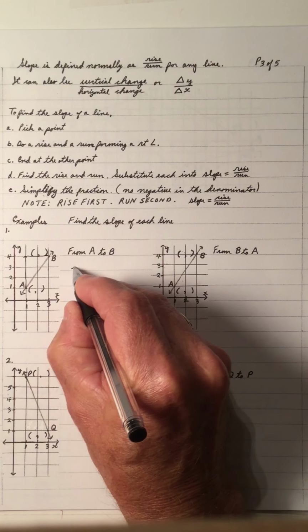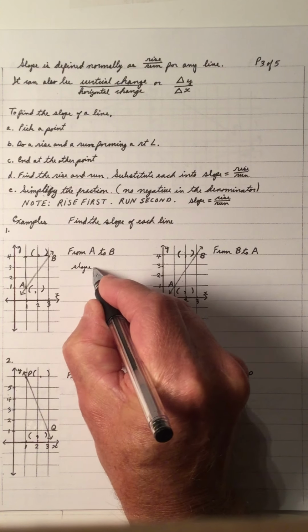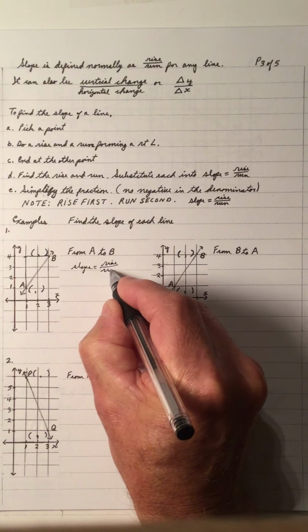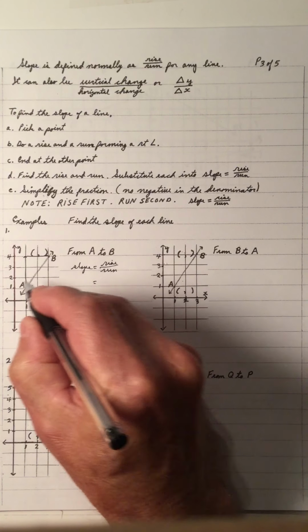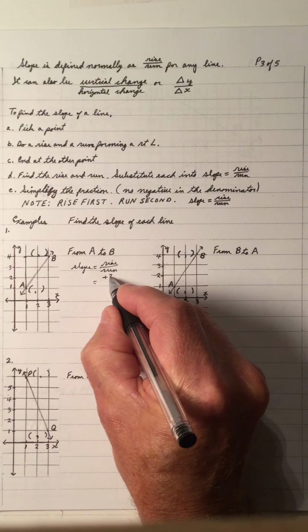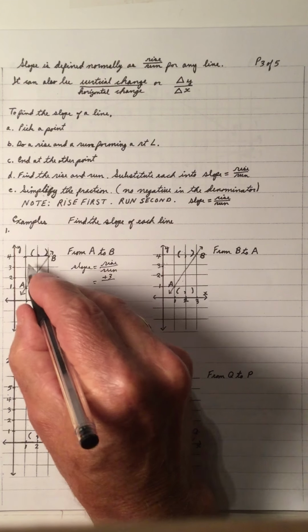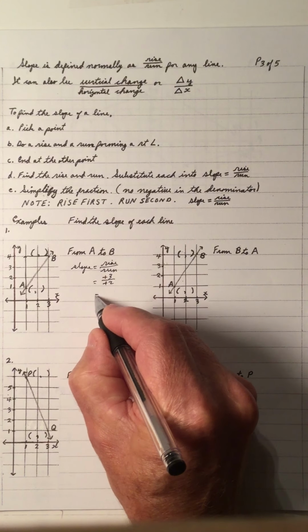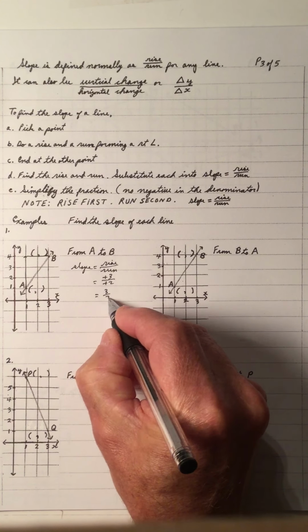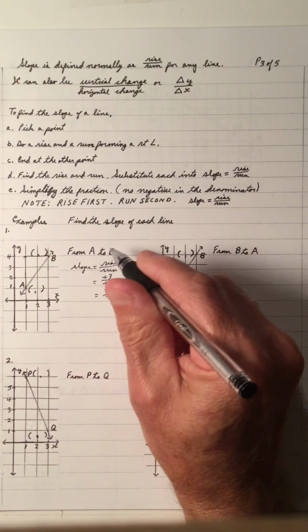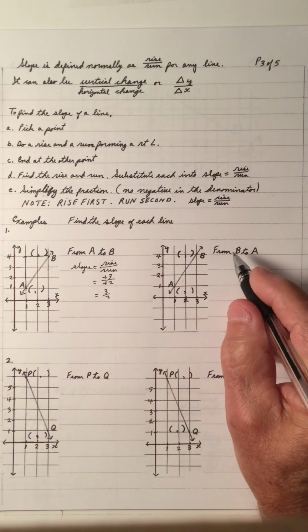The slope is defined as rise over run. The rise is 1, 2, 3, plus 3. Going up is plus, and the run is 1, 2, plus 2. That simplifies to 3 over 2. So that's the slope of the line joining the points A, B.